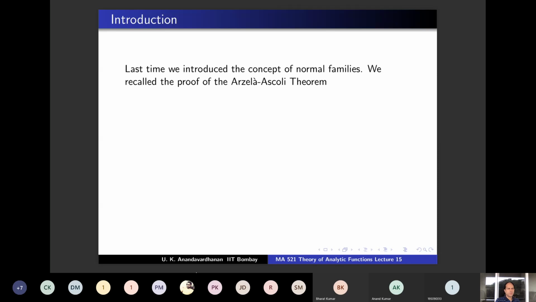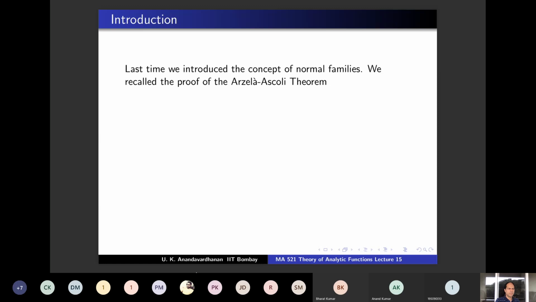The proof had one or two basic things to remember. One is that if you are in a metric space, to start the proof you need it to be separable, meaning it should have a countable dense subset. We were working with a region in C, so we can take the subset of those points with real and imaginary parts being rational.